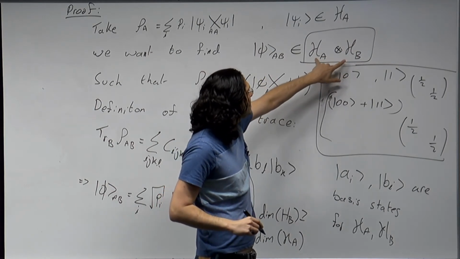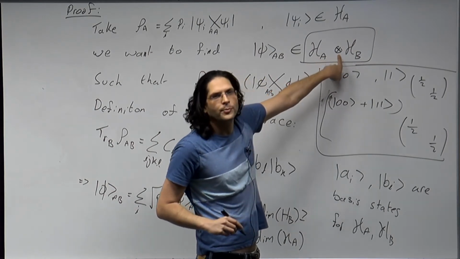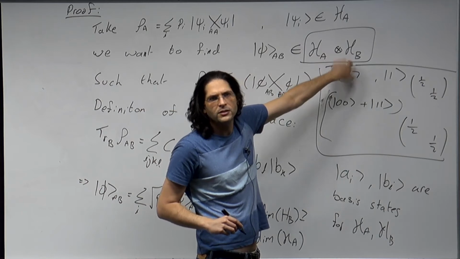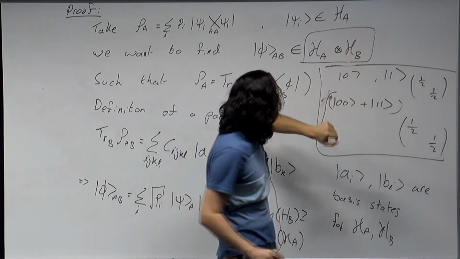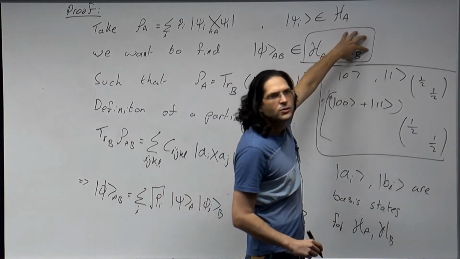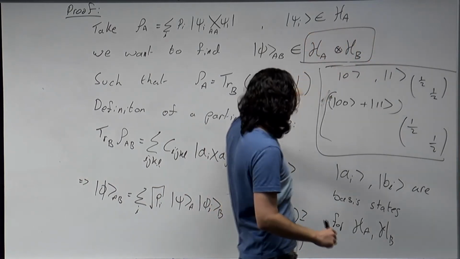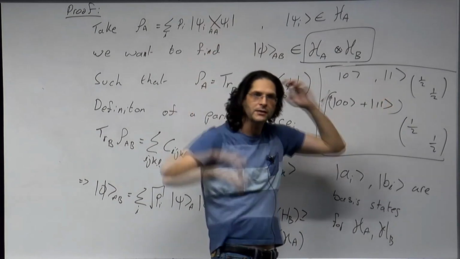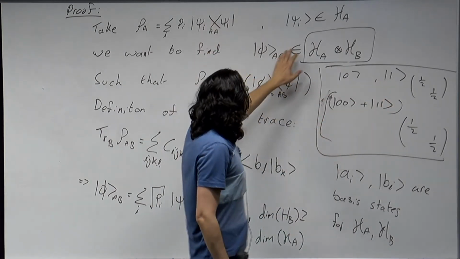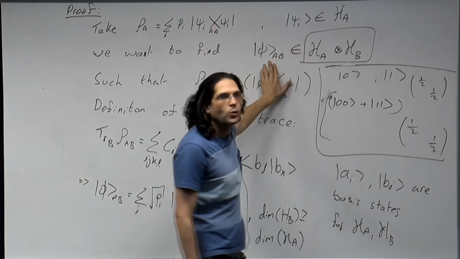Here I've just defined it as H_A Kronecker product with H_B. So this is a larger Hilbert space. H_B has to be at least of the size of H_A. Okay, so now you're looking at your bigger Hilbert space. You will always be able to find a pure wave function.